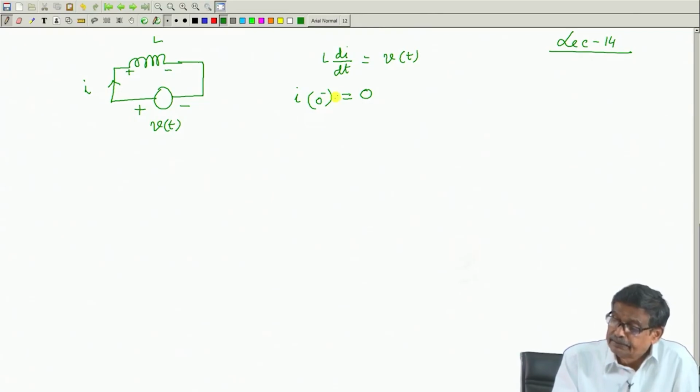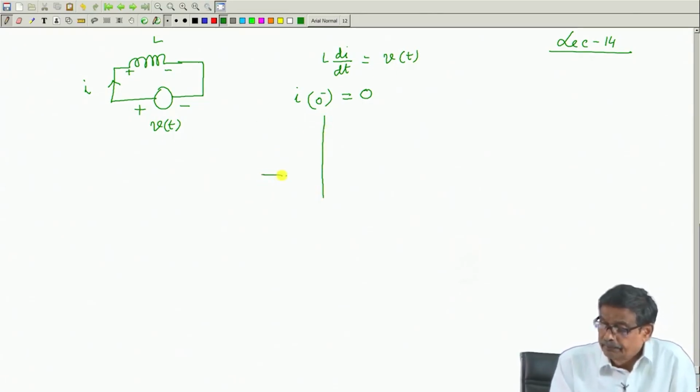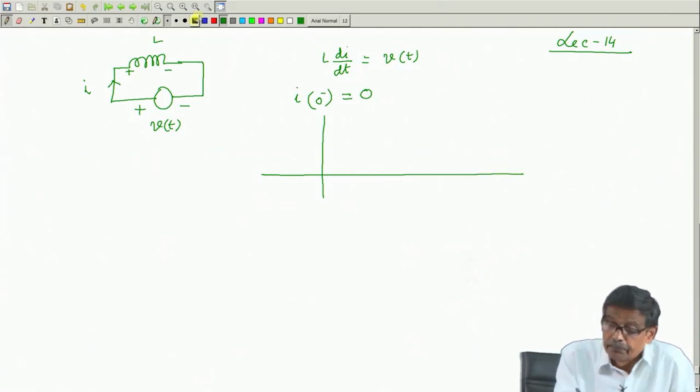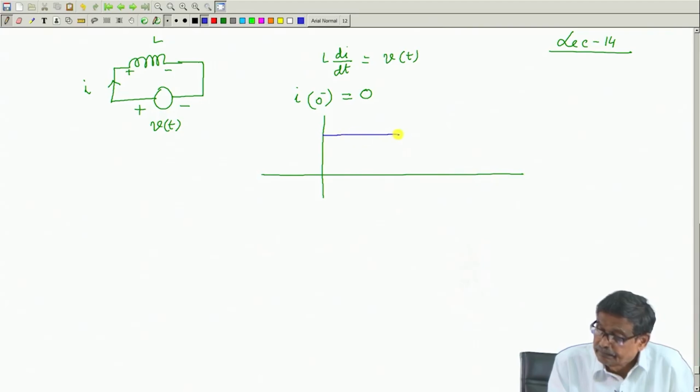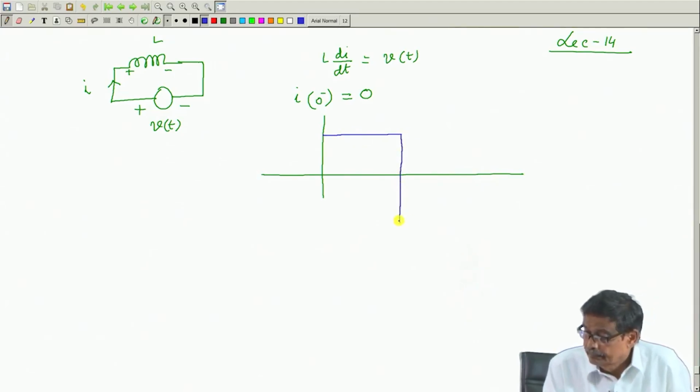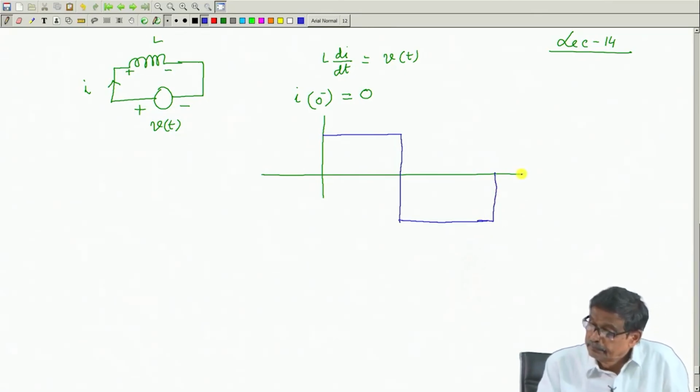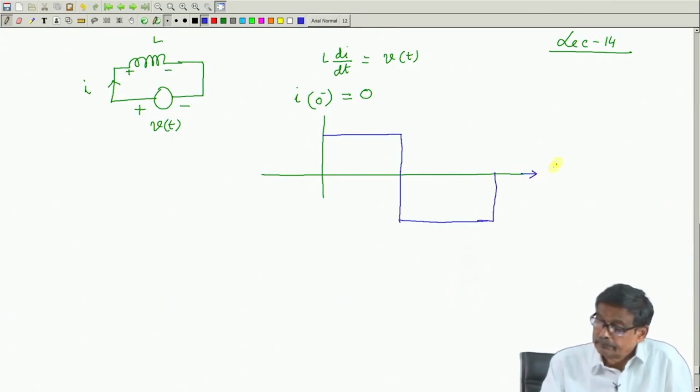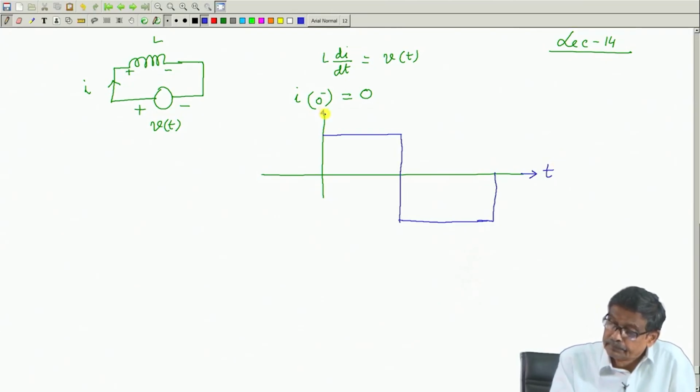If that be the case, what will be the nature of the current if I apply say a voltage like this? This is T, this is I t.